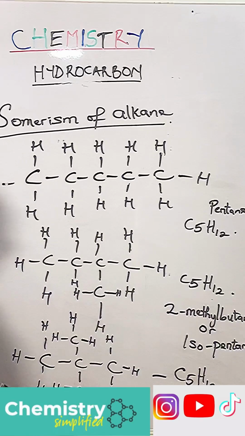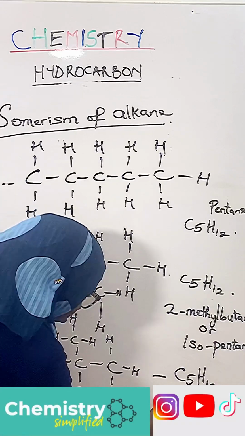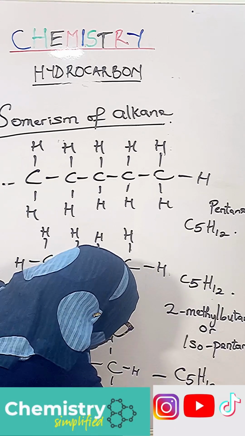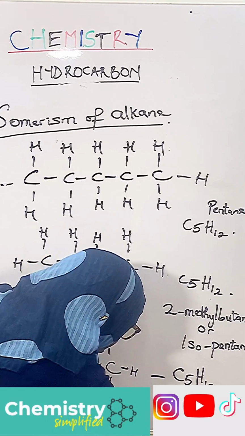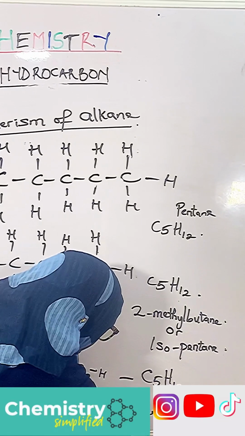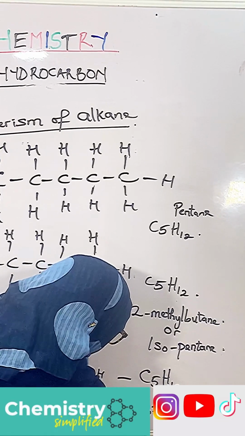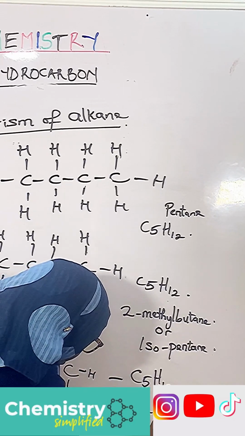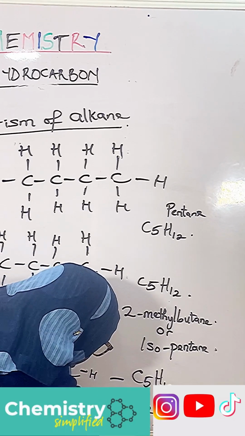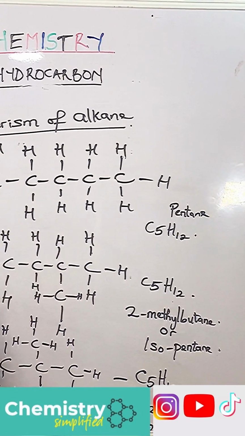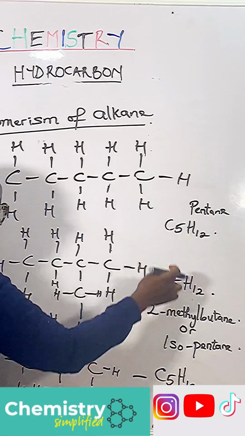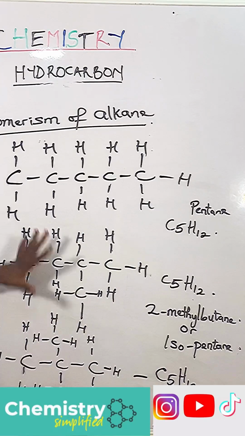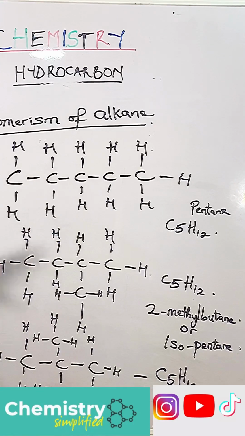So when you look at it, this is called 2,2-dimethylpropane, or we can also call it neopentane. So when you look at it, they have the same chemical formula but different structure. So these are the isomers of pentane.